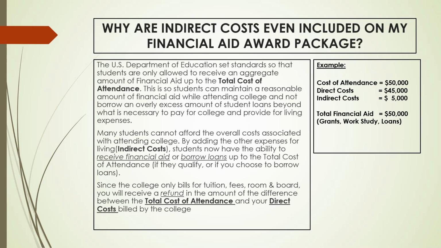You receive your total financial aid award package, and you can receive up to $50,000 in total grants, work study, and loans. Since the college is only billing you for the direct cost of $45,000, that leaves you with $5,000 left over that you can receive as a refund to help pay for those indirect costs, such as your books, supplies, and transportation.